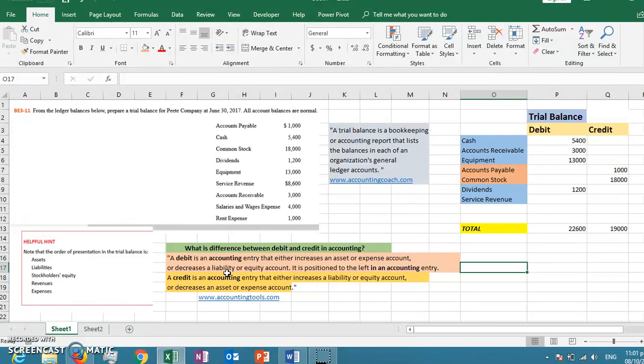So I don't see that revenue should be over here in debit, so we're going to read credit. A credit is an accounting entry that increases a liability or equity account or decreases an asset or expense account. So over here we see that it should decrease an asset or an expense account, since we are receiving something, we are generating revenue.